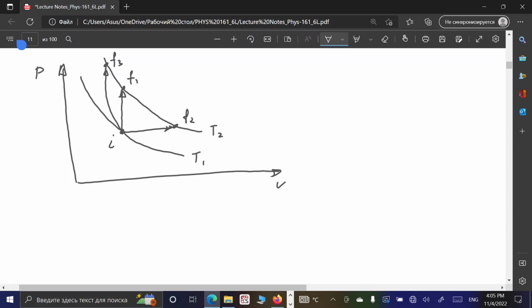Can you recall? To be more specific, it tells that change of internal energy is equal to heat plus work. So work done. So you claim that work done by all these 3 processes will be the same.